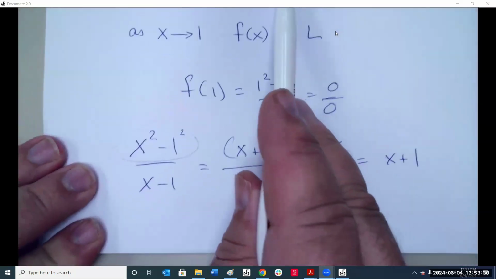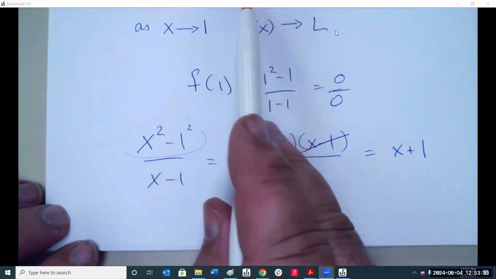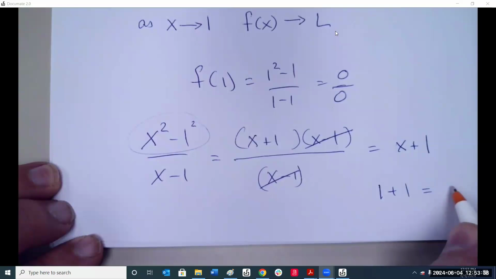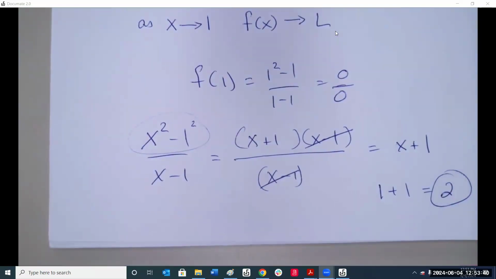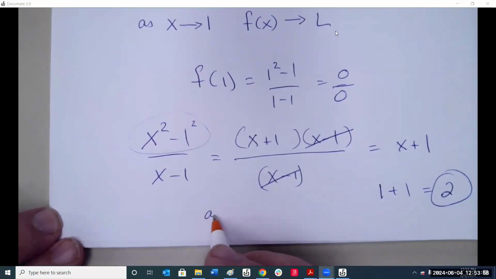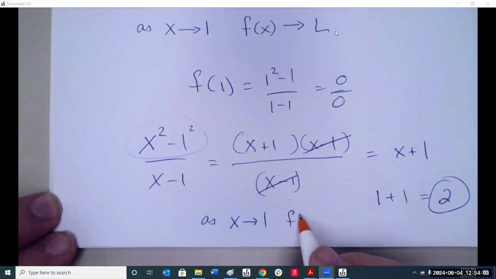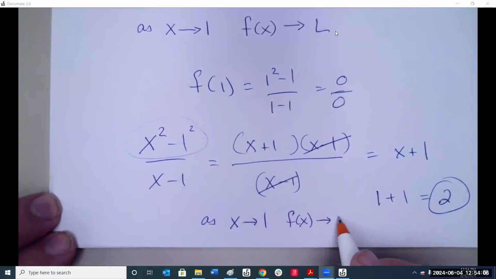So this function, f of x, as x nears 1, it approaches 2. The function f of x, as x approaches 1, the function approaches the value 2.